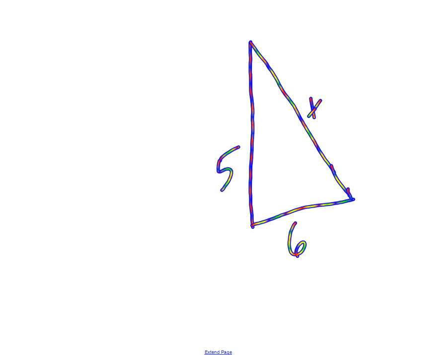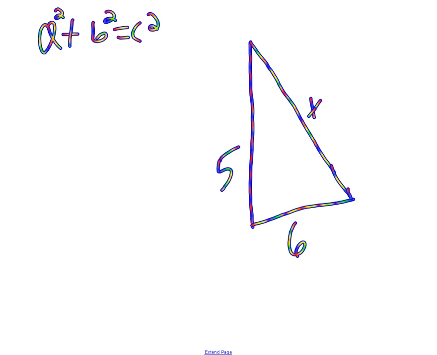So you do a squared plus b squared equals c squared. And then you put in x as b squared.